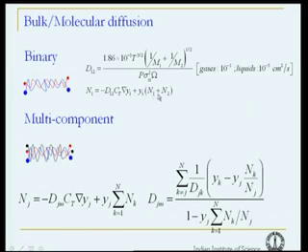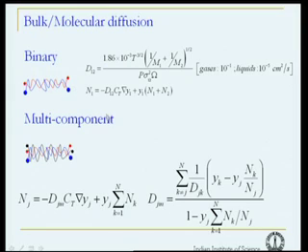So, y1 into N1 plus N2. This is my flux. What it says is the diffusion is a result of interaction or the movement of these two molecules as well as the movement of the entire flux.